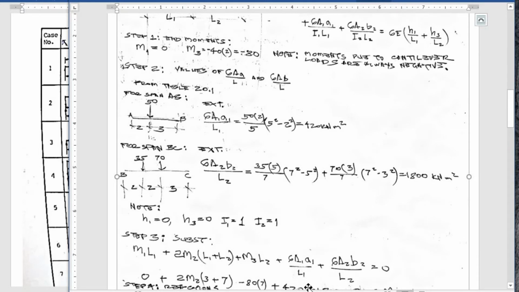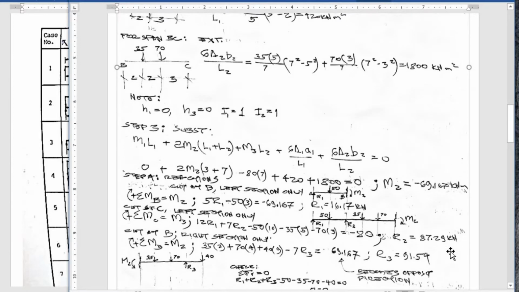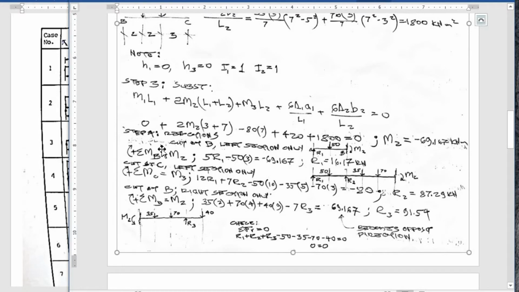Tapos, itong 6A1 all over L1, ito yung 420. And then, ito naman, yung 1800. So, equate that to 0, and you get a value of negative 69.167 kilonewton meter. And then, finally, step 4 is you solve for reactions.